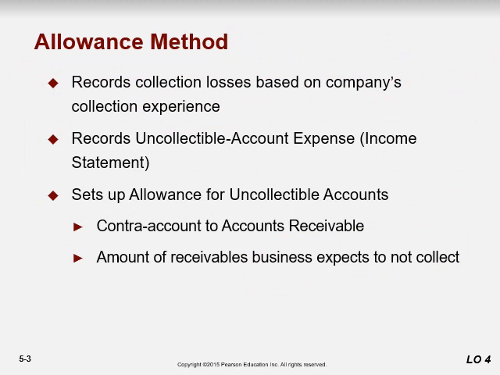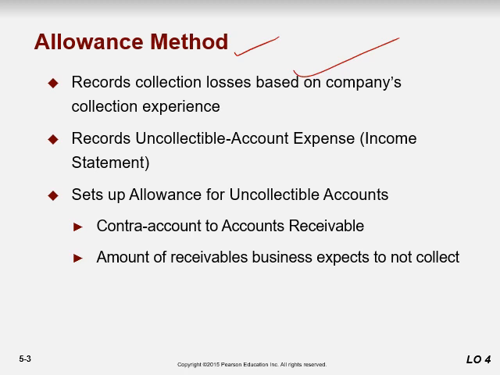The best way to measure uncollectible expense is the allowance method, right? This method records losses based on the company's collection experience. From the company's experience, we know that 2% are bad debts, or bad customers, not recoverable.